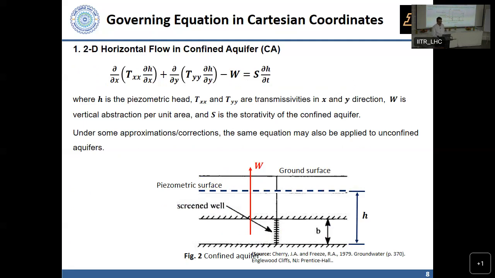There is a little bit of algebra that one needs to do, but essentially our equation then looks like this, where we now have transmissivity in the x and y direction. W is now the volume of water that is being withdrawn from the aquifer per unit horizontal area and per unit time. S is aquifer storativity.